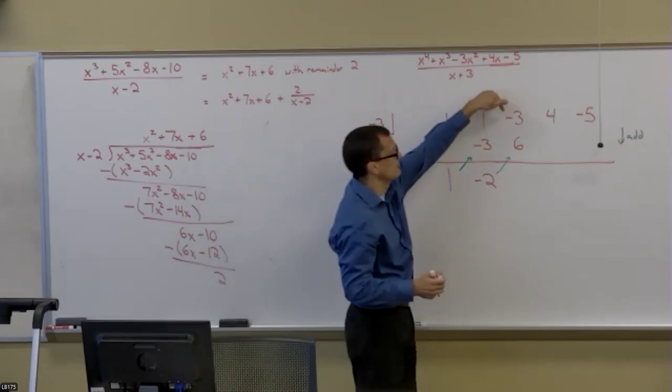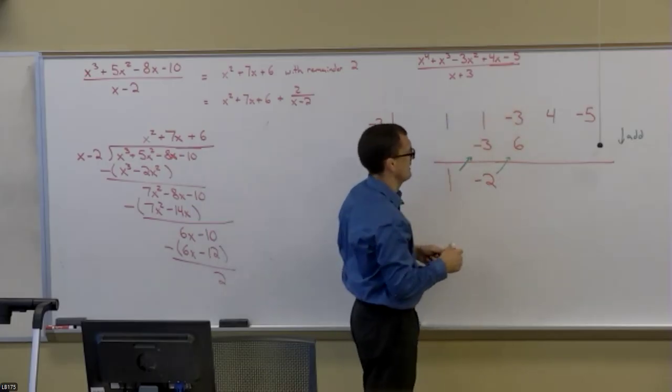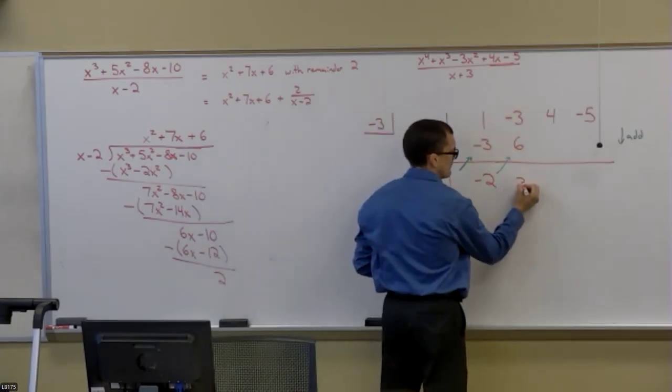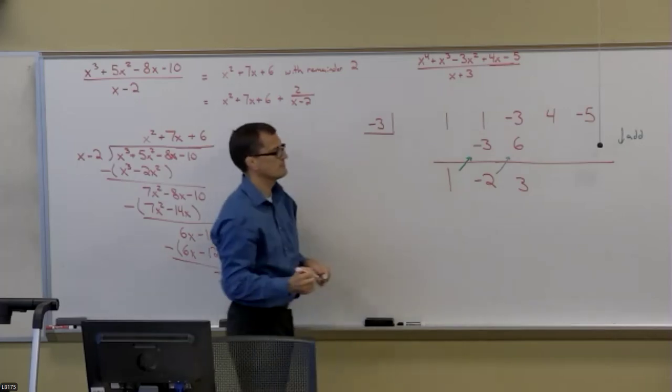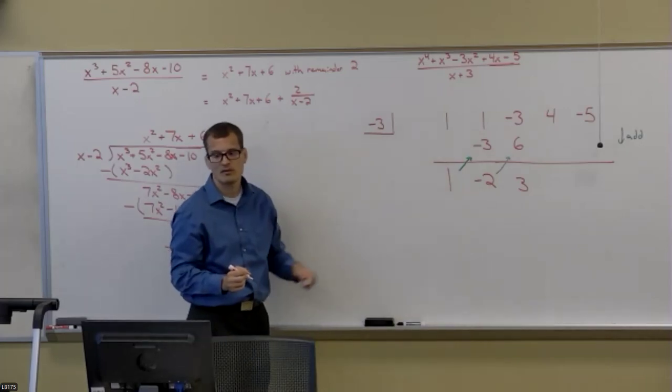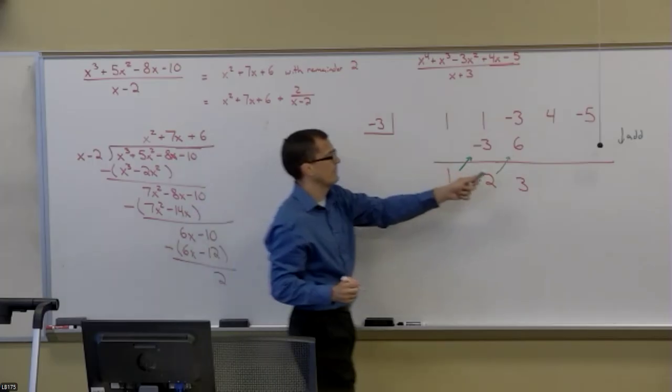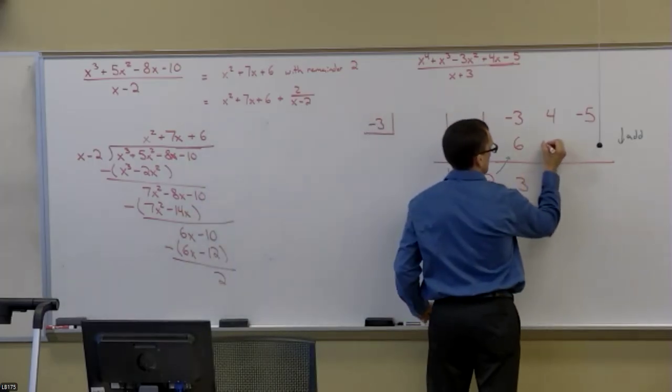And then once again, I move down by adding. So I add, that gives me a +3. -3 times +3 gives me a -9.